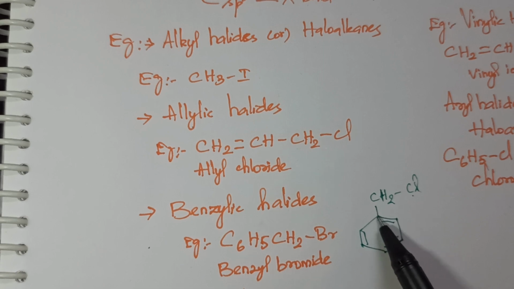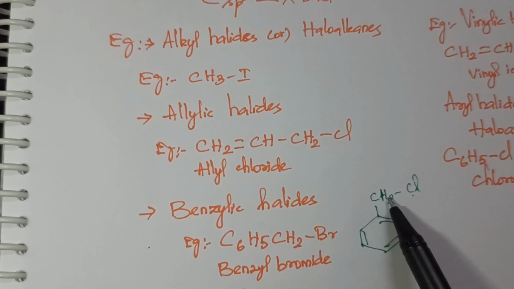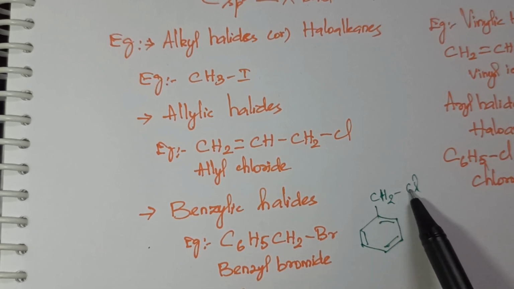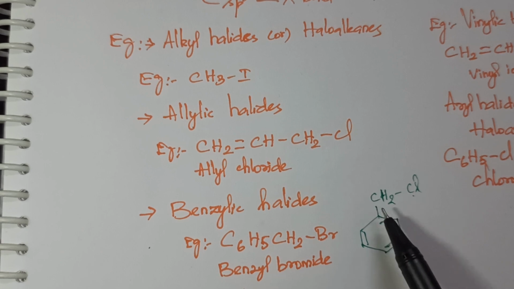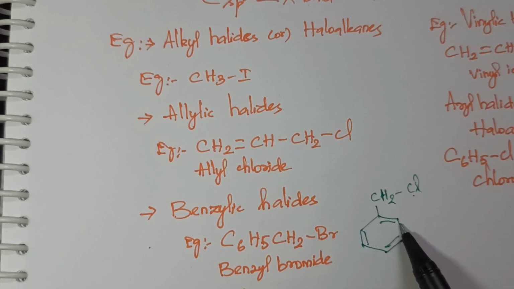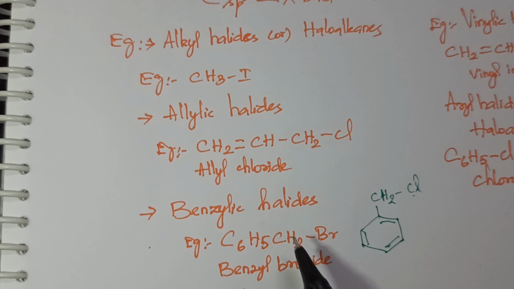In the place of one hydrogen, a methylene group is attached, and a chlorine atom is attached to this methylene group. So the chlorine is attached to an sp3 hybridized carbon next to the benzene ring. So this is a benzylic halide. The example is benzyl bromide. This is the other structure of benzyl bromide.